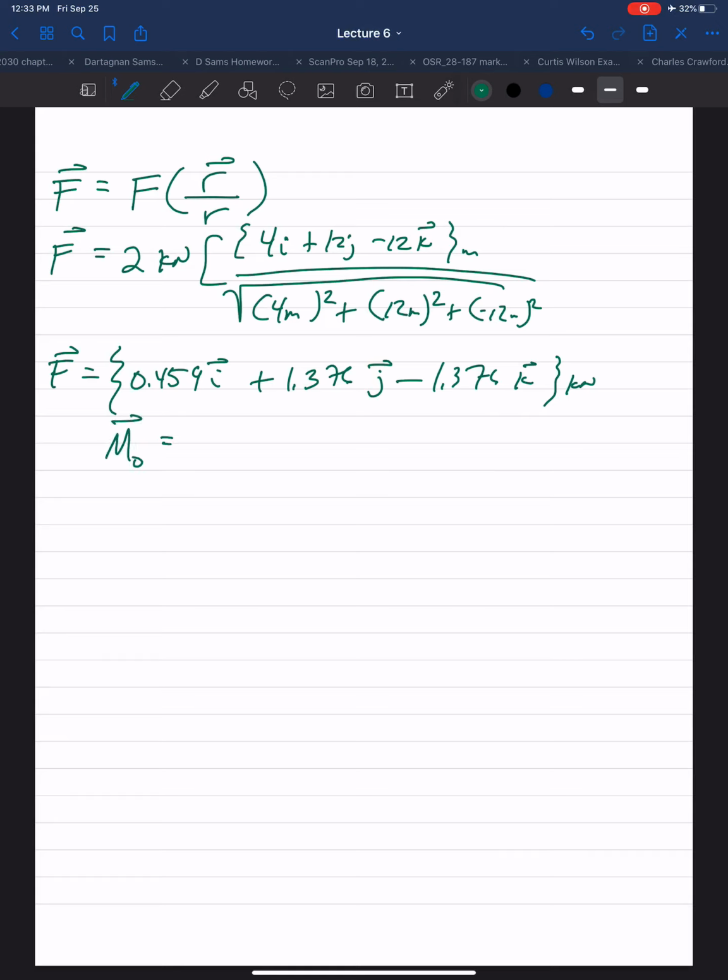Moment about point O is R cross F. Remember, R is a position vector that touches any point on F. So this example in the book is doing it two ways. We can do it using R_A or R_B. So using R_A cross F, using our determinant setup, I, J, K, R_A was just 12K.